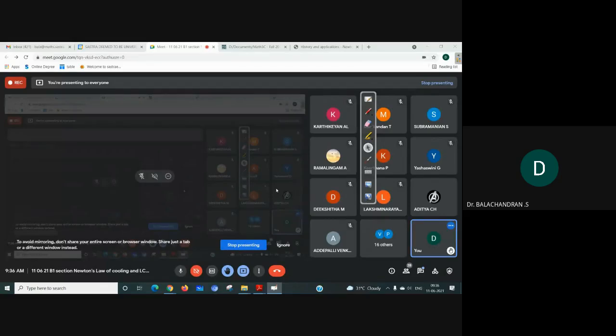Look at the equation carefully. Pragadesh? Undefined, sir. Very good. Undefined. So it won't reach room temperature.